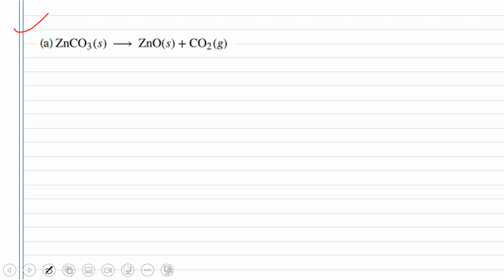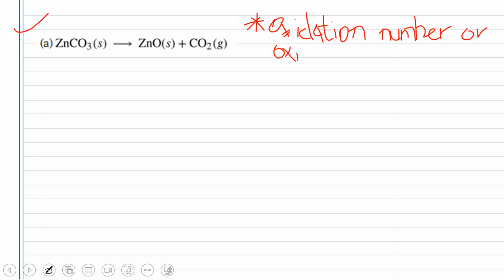Once one is losing and one is gaining, their oxidation number, or oxidation state, is going to change. That's how you know if it's a redox reaction or not.